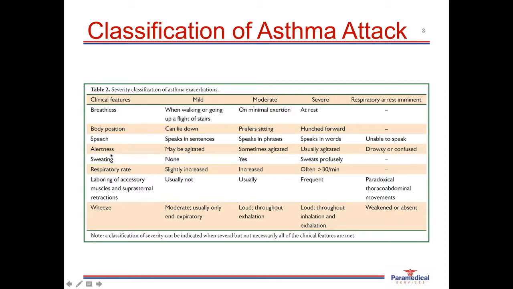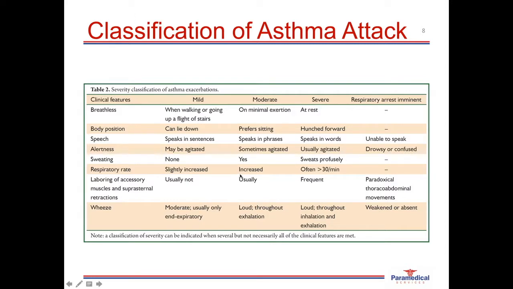Their alertness or level of consciousness may just be slightly agitated in the mild condition, but progressing to a decreased level of consciousness in the more severe cases. Sweating may not be present in the mild case unless somebody has been engaged in physical activity, but slowly increases to being profusely sweaty in the severe case.